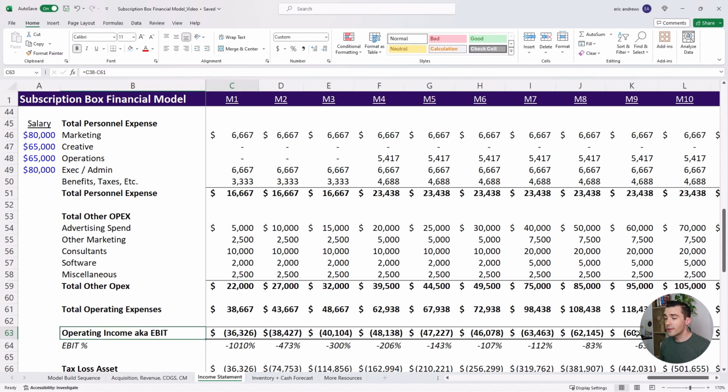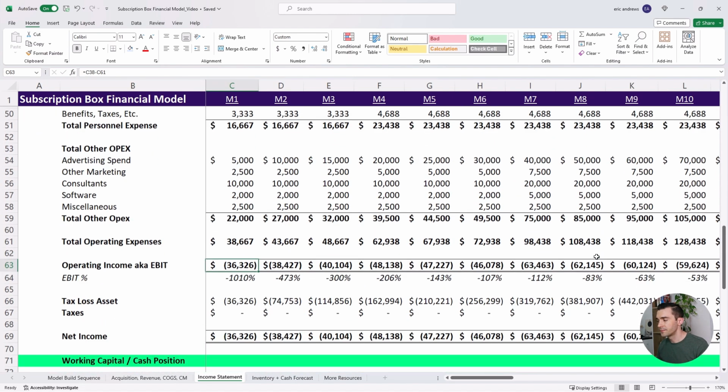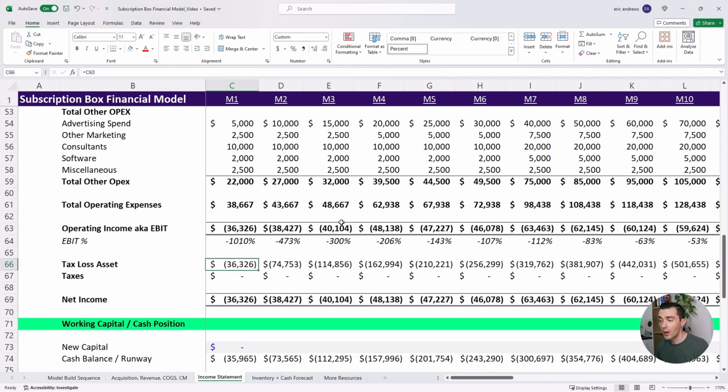And the one thing I just want to show you really quick that I included in the model is something called the tax loss asset. So all of the losses that you accumulate over time, you can use to offset future profits. So if you had $1 million in losses, your first $1 million of profits, you won't have to pay any taxes on.